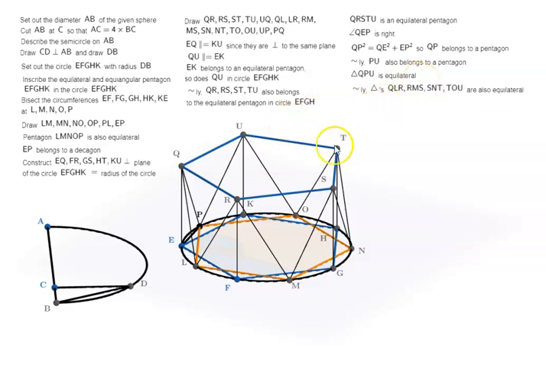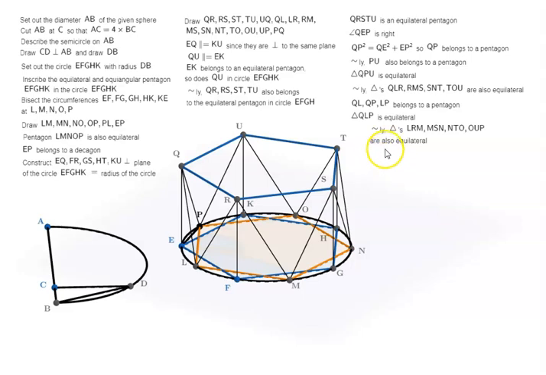Similarly, we can show the triangles QLR, RMS, SNT, TOU are all equilateral. Okay. Now, QL, QP, and LP belong to a pentagon. So, which means again, triangle QLP is equilateral.